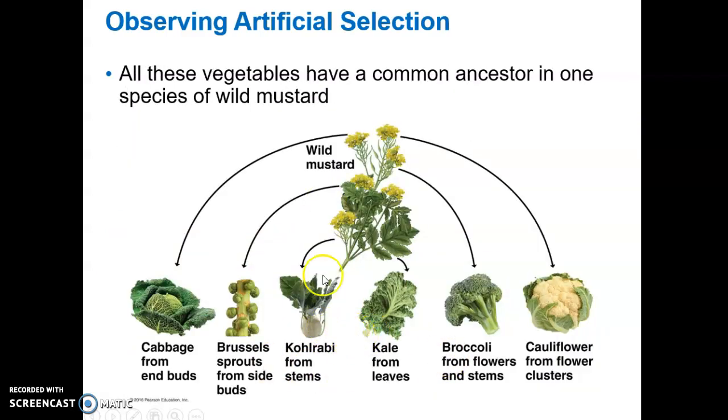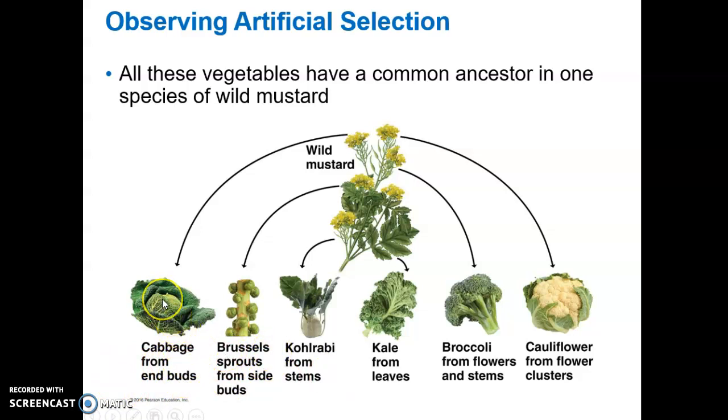Many examples in agriculture. All of these vegetables have a common ancestor, which is the wild mustard. Technically, they're also the same species, but through selective breeding, we have cabbage, Brussels sprouts, kohlrabi, kale, broccoli, cauliflower, and notice that it shows you what part of the plant has been selected for.